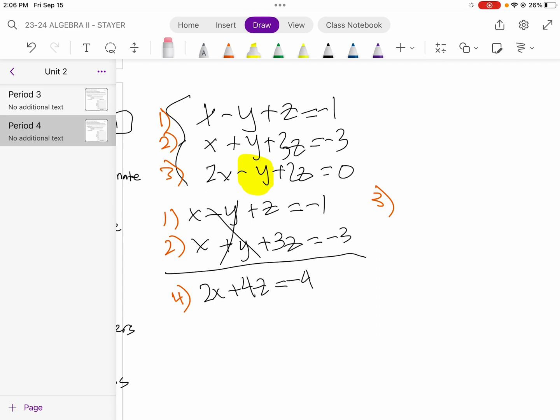So I'm going to take a look here at that. And if I write 3 down, 2x minus y plus 2z equals 0. Dincoda said that that would very nicely cancel with that right there.